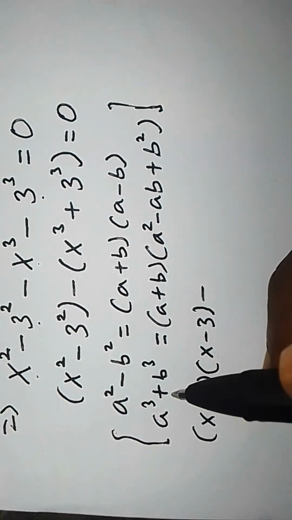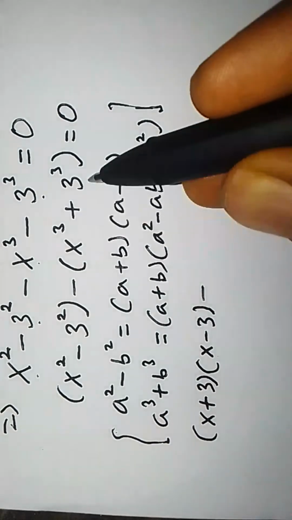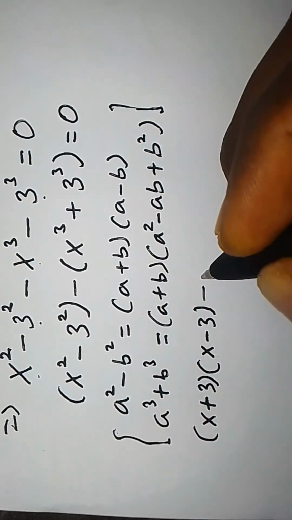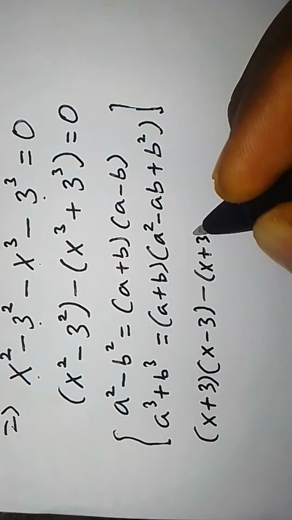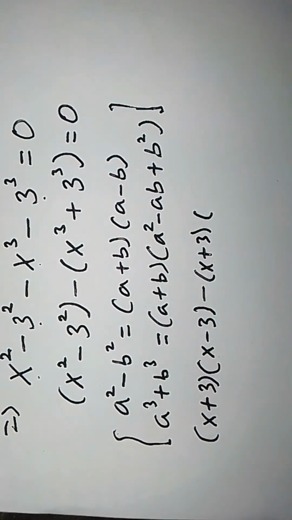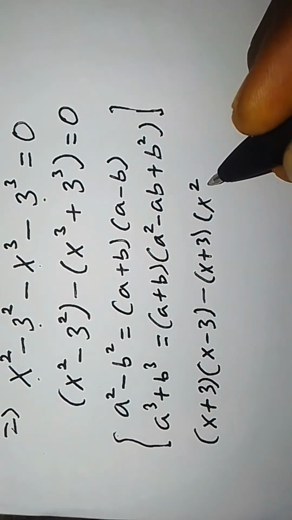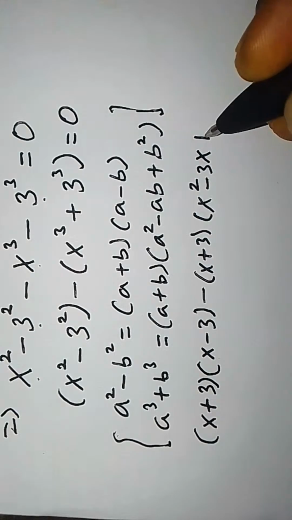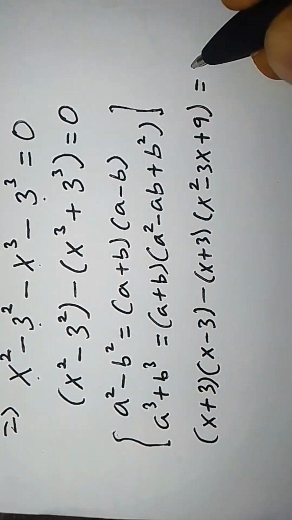Now, let us apply the second identity to this. If you do that very well, we're going to have x plus 3 times x squared minus 3x plus 9 equal to 0.